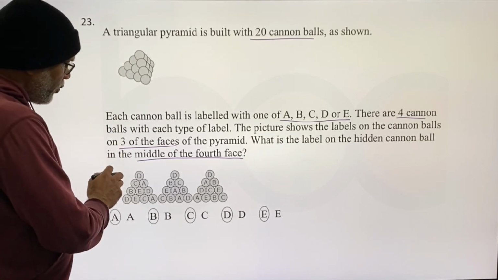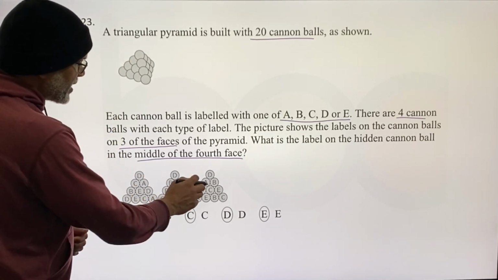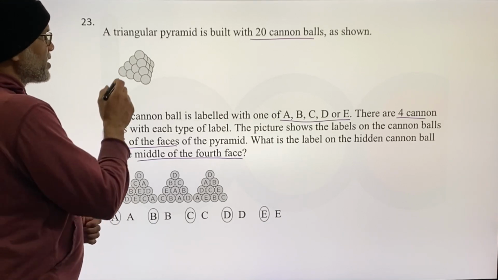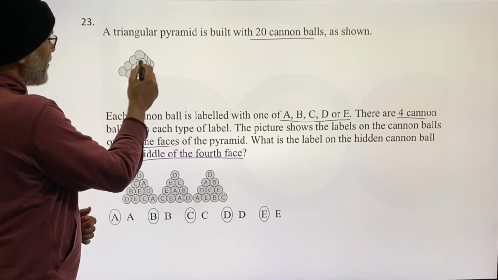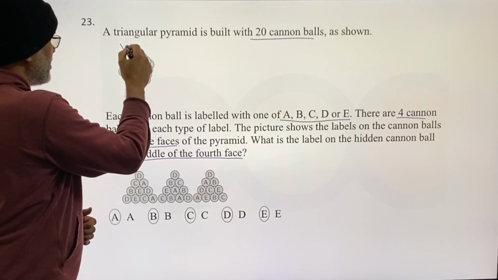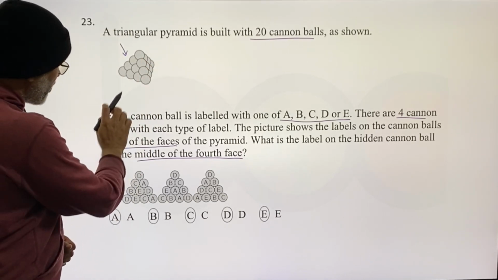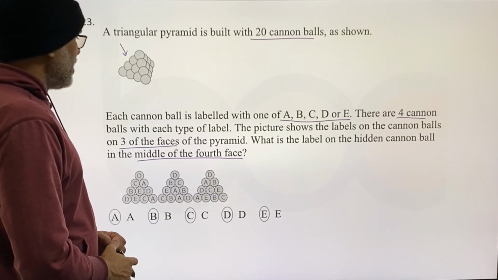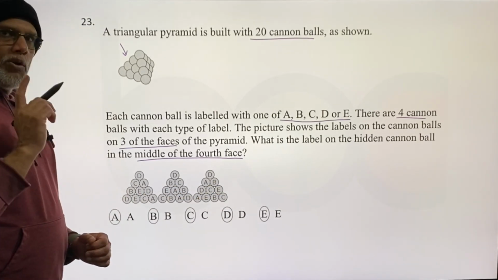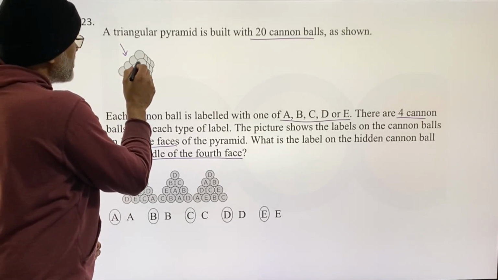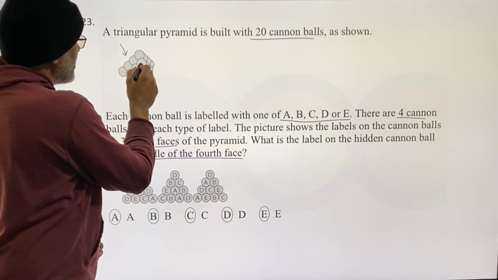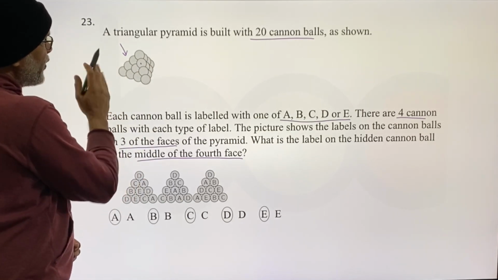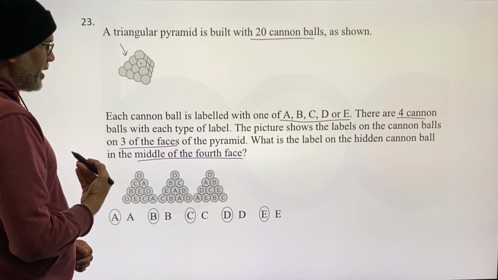Now, these are the 3 faces that are shown, right? So just for convenience, we can assume that this is one of the faces, this is the other face, and there is the other face we are seeing, and the bottom face is the one that is not shown here. All right. Now notice that whichever balls are on the edge, like for example this ball, I will see that in this view as well as this view, right?